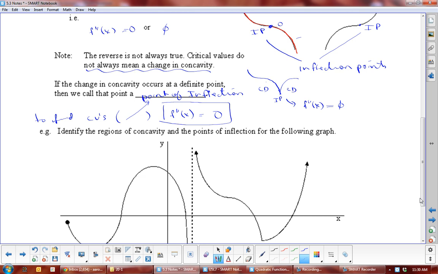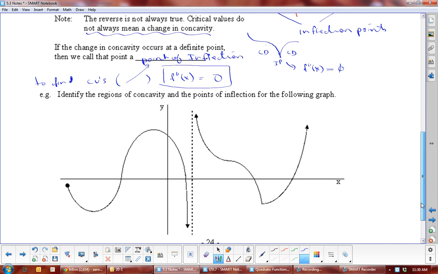So critical values will be inflection points, critical values, just like in the first derivative. When we find, is it increasing or decreasing, this is when it's an inflection point.